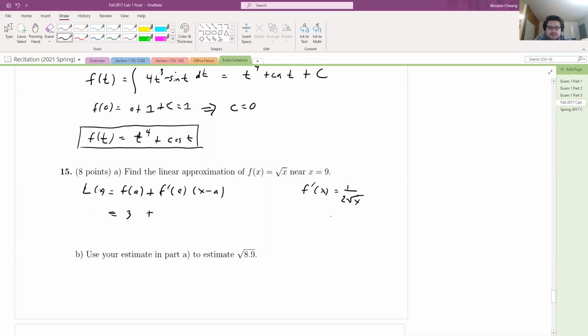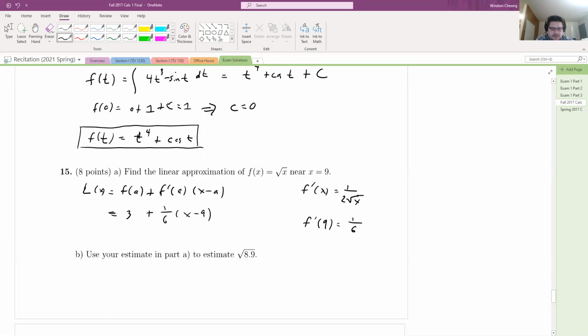You could think of that as just being an application of power rule, but the way I remember is just by taking this specific function so many times, you kind of get used to the fact that that's the derivative. And then f prime of 9 is going to be 1 over 6, 2 times 3. So we get 1 over 6 and then x minus 9.